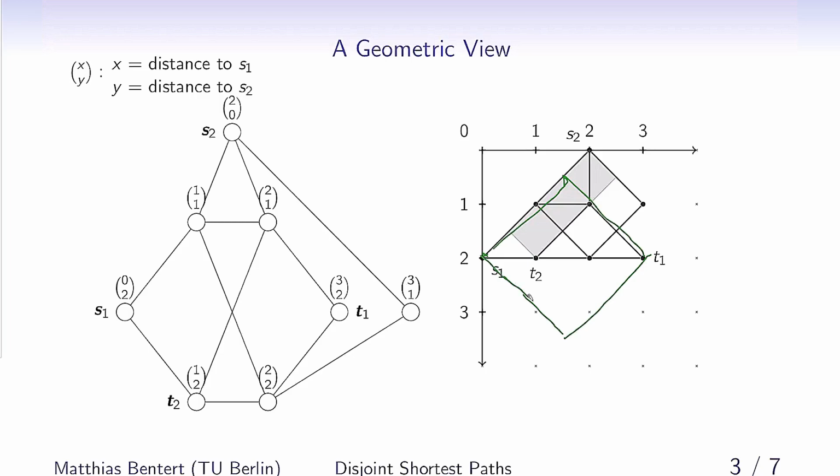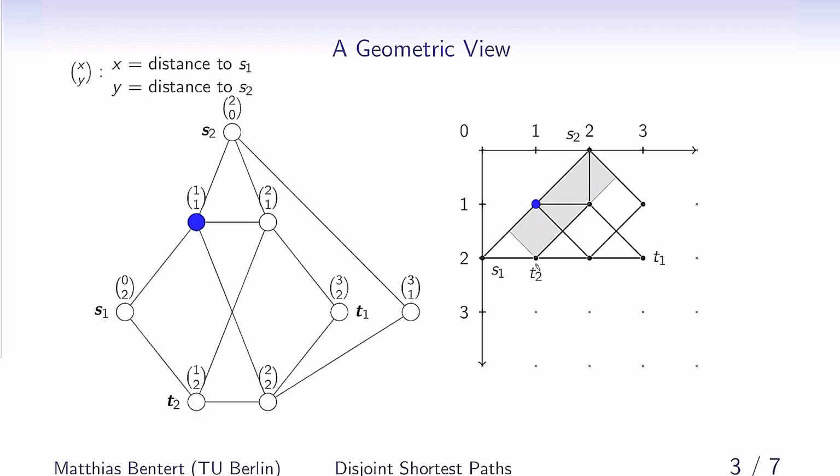Okay, so this is the idea behind our geometric view, and just as a side remark, only because a vertex is placed within such a rectangle does not mean it can be part of a shortest path, as for example this blue vertex here. It is within this rectangle we just described, but it cannot be part of a shortest S2-T2 path because it's not a neighbor of T2.